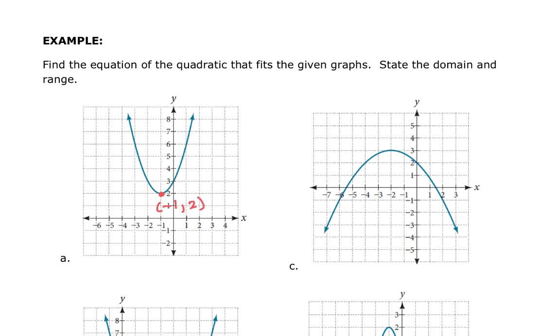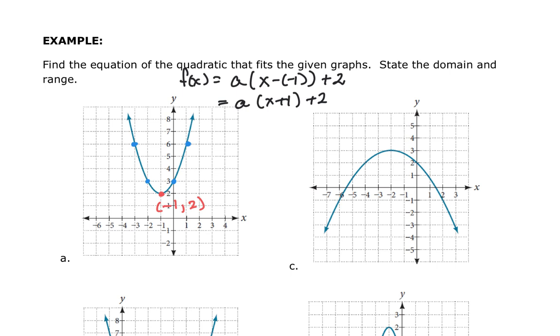So I'm going to start with the standard form, which is f of x is equal to a, because I don't know what that is yet, times x minus my h, which is -1, so x minus -1, plus k, which is 2. So this is equal to a times x plus 1, quantity squared, plus 2. Now, to figure out what a is, I need a point that is crossing a grid mark, or they need to tell me it's going to go through a point.